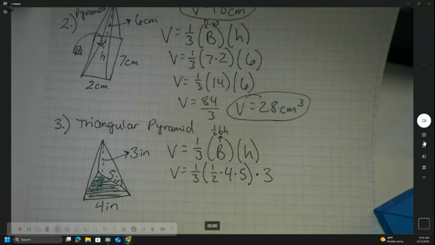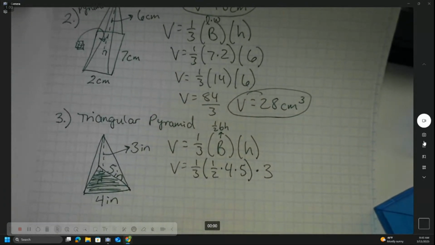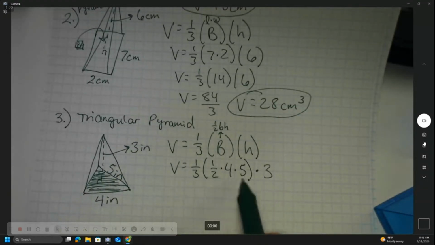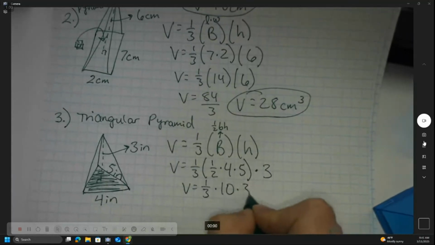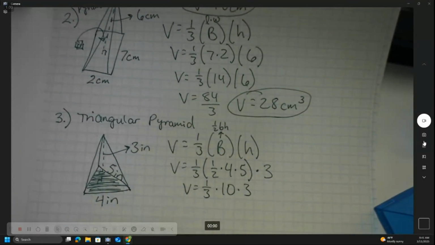You need to make sure you know how to substitute the dimensions in properly to the formula in order to do this successfully. Let's do what's in parentheses first so that we can solve for that area. 4 times 5 is 20, and half of 20 is 10. So 1/3 times 10 times 3. Okay? Now, all you have to do is 10 times 3, which is 30.